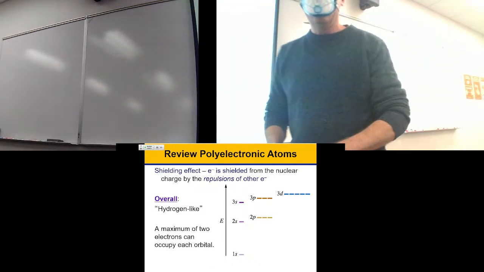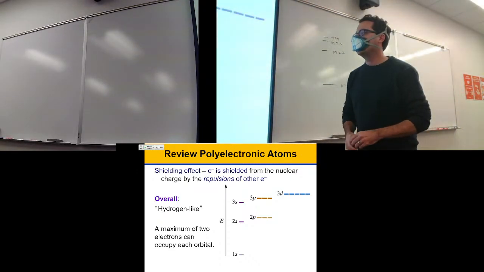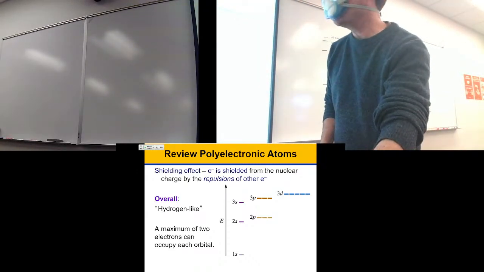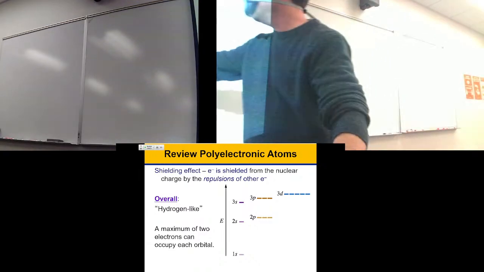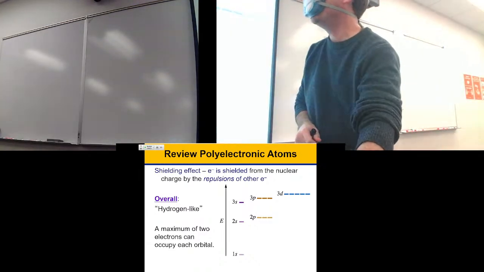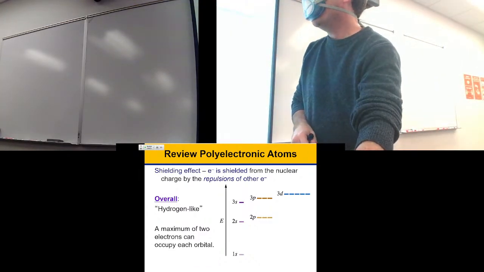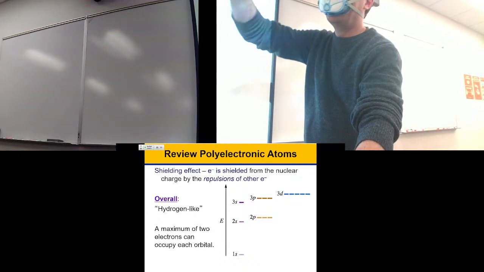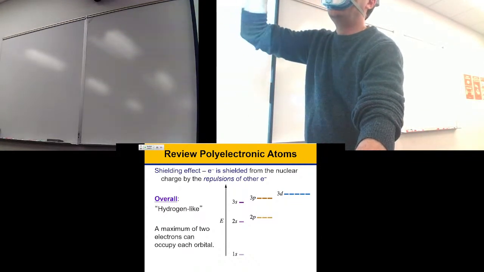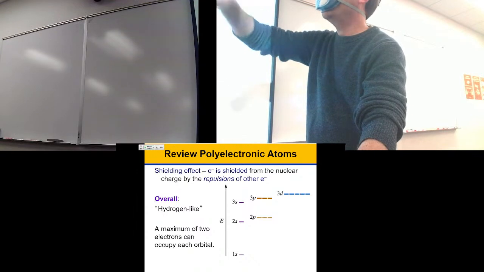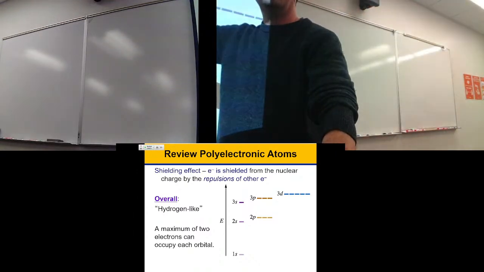Okay. The other thing we got is that 2 electrons per orbital. So each orbital here, each line, can hold a max of 2 electrons. And that should make sense because when we did our subshell model, we counted 2 electrons in the S block, we counted 6 electrons in the P block.